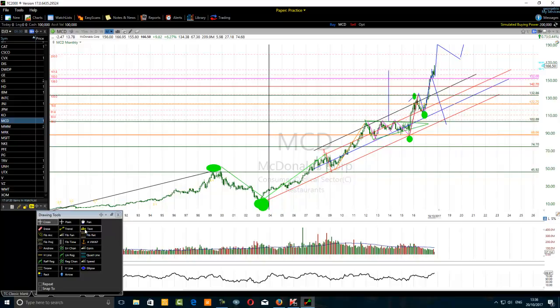Our second Elliott wave was right there. Our third Elliott wave was right here on the monthly chart. And our 4th wave is a triangle. Here it is.